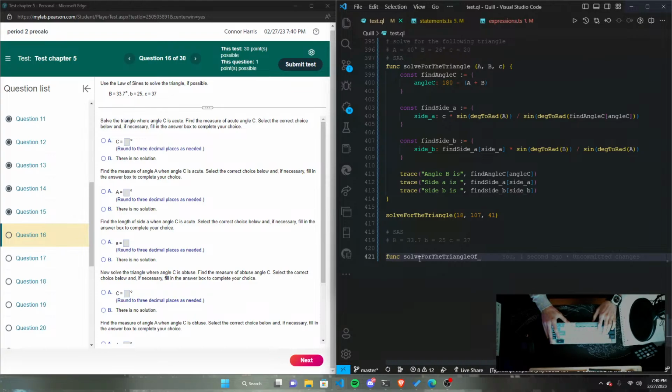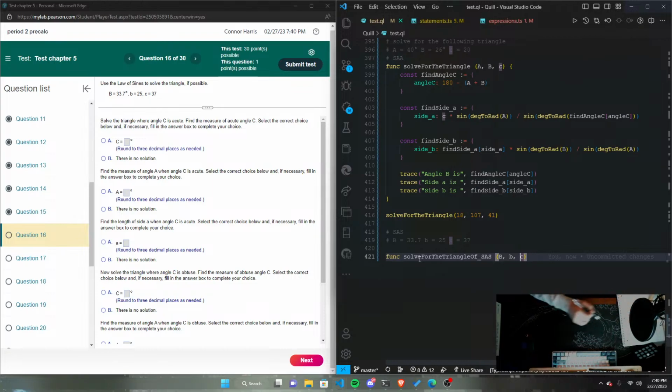Because why not? Triangle of, this is SAS, side and side. You could take in the values of B and C. Lowercase b and c are the sides, while the big B is the angle. So if this was a triangle, I'll hold it up to the camera. The top was A, B, and C, we know that the angle here is 33.7.